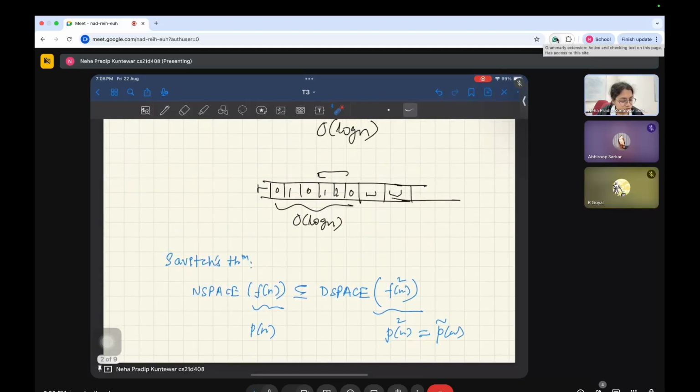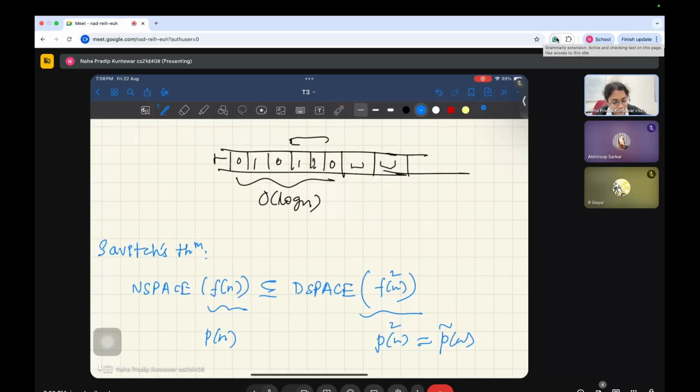Okay, so if you think of this f of n as order log n, or let's say c log n, then f square of n would be some c prime log square n.